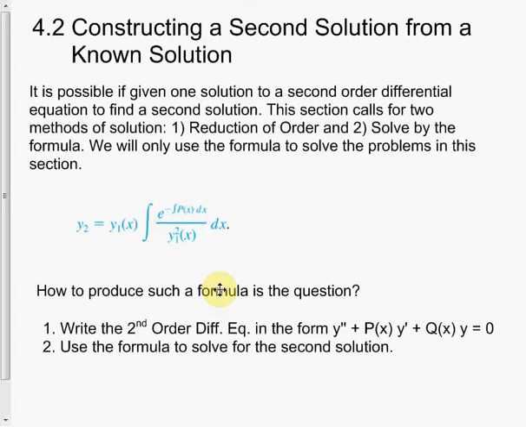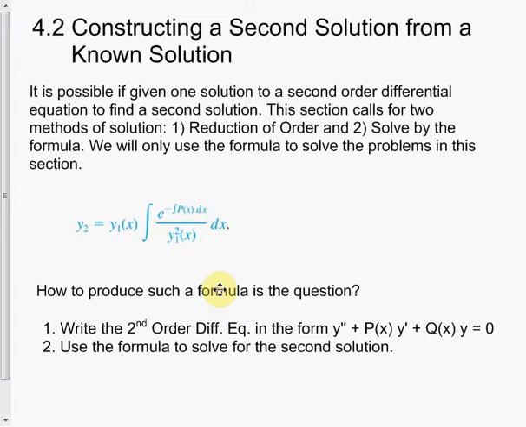P of x is important because p of x is placed within the solution for the second solution. And so we have this formula. We're going to use this formula. That is that the second solution is equal to the first solution times the integral of e to the negative integral of p of x, where p of x comes from the differential equation, that coefficient associated with y prime, dx, divided by the first solution squared.